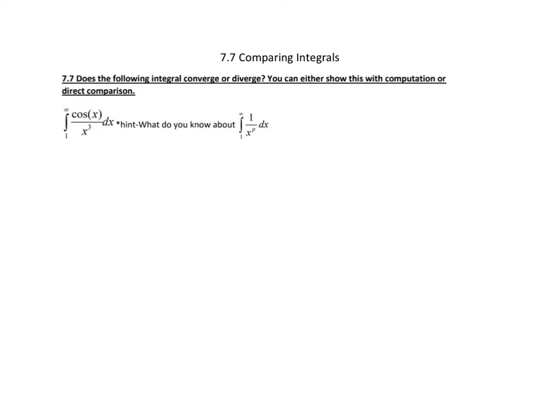In section 7.7, we developed some theorems that allowed us to really quickly determine if something is going to converge or diverge, meaning can we find an answer for it.